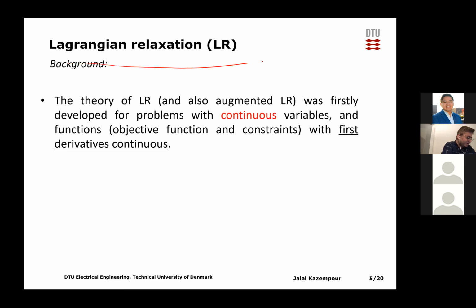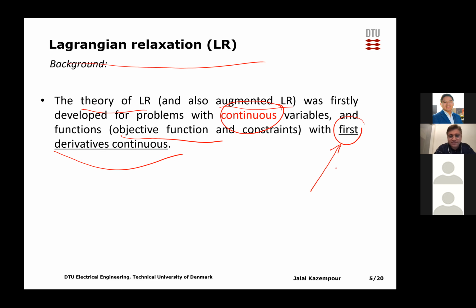Let's give some background about LR. The theory of LR, Lagrangian relaxation, and also its augmented variant, was firstly developed for problems with continuous variables and functions, and problems with an objective function with continuous first derivative. It means that we have continuous problems without binary variables.